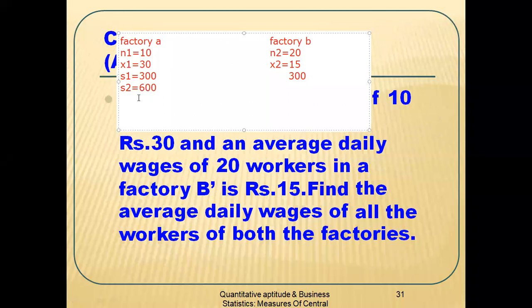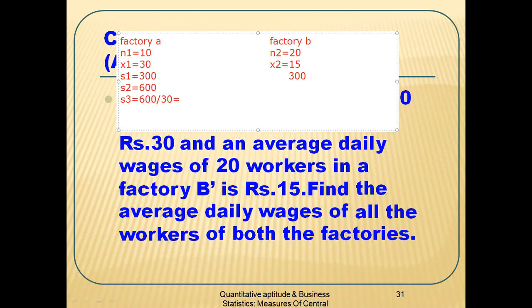Now the last step is 600 divided by the number of observations. The number of observations is 10 in factory A and 20 in factory B. So the total is 30 observations.